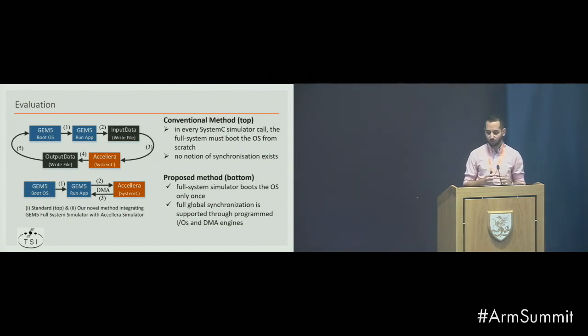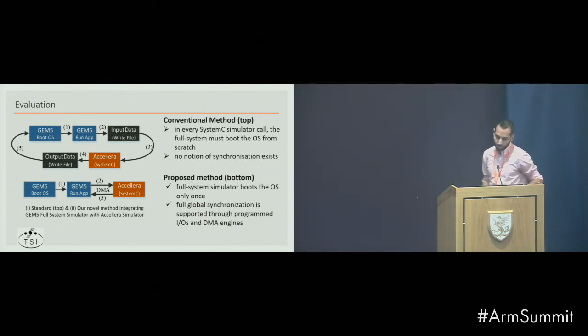Based on the existing conventional flow, the application executed in Gem5 writes the data that should be fed to the SystemC simulator in files denoted as steps 1 and 2. Then the full system simulator has to terminate or stall its execution so that the SystemC simulator can read the data from those files without any synchronization problem.